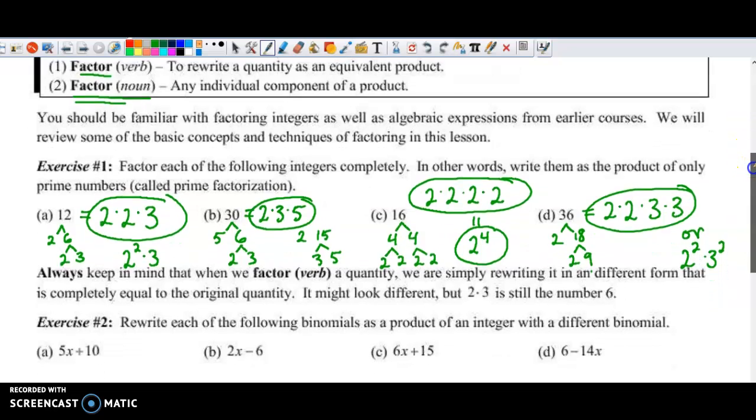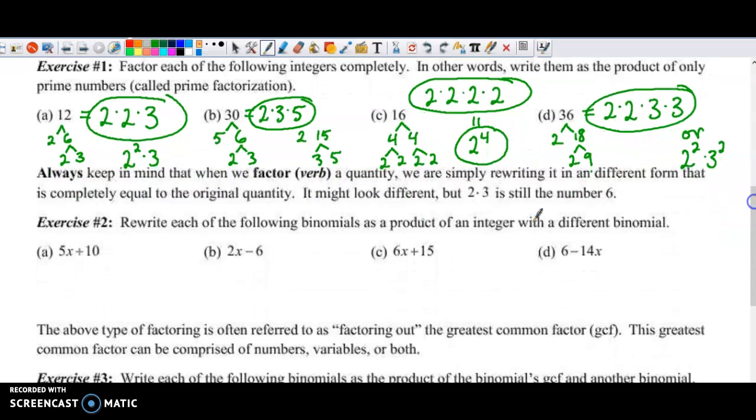And the reason why this might be to your benefit is then we can get to factoring just binomials like this. And you can rewrite it just like I did these factor trees. 5 times x is the same thing as 5x, and then 5 times 2 gives me 10.